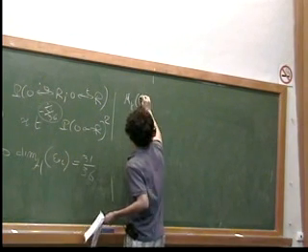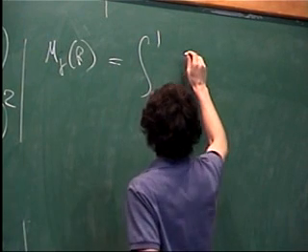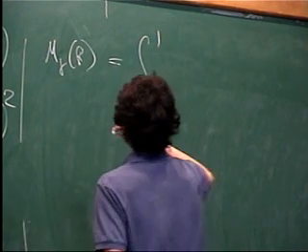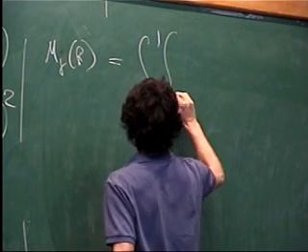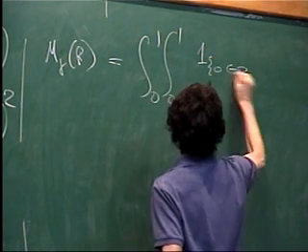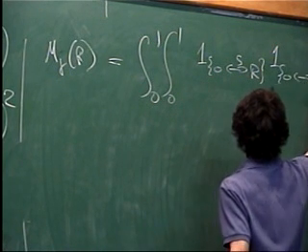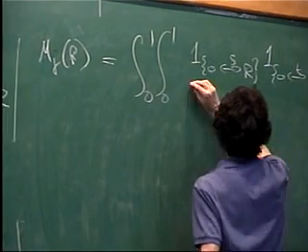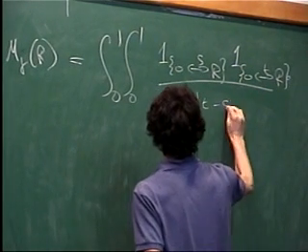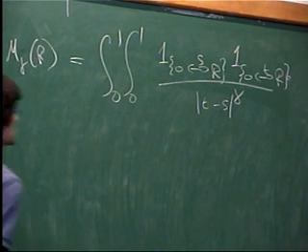And what you look at instead is the integral from 0 to 1 of the indicator to be open at time s and at time t, but divided by t minus s to some exponent, ds dt.